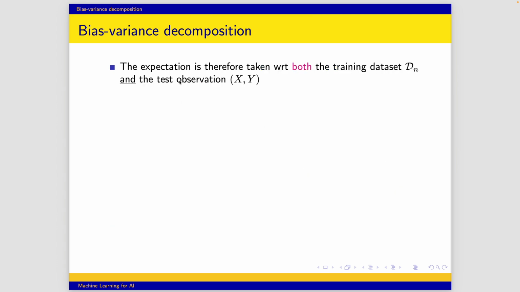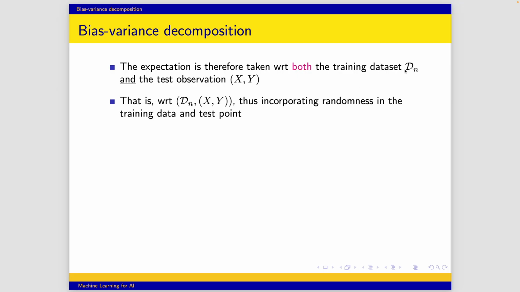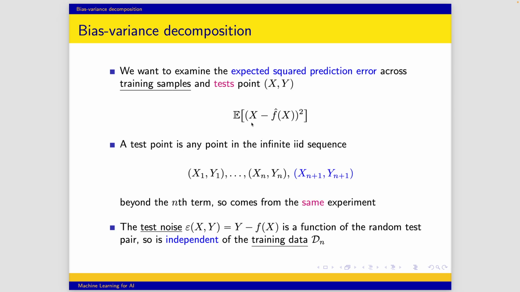So this expectation that we're taking is over two things. It's over the training data set and our test random pair or observation (x, y), which is independent of this. So when I wrote down that we want to calculate, let me just remind you, this expected square prediction error, this is across training samples, so the D_n, and also the test points.